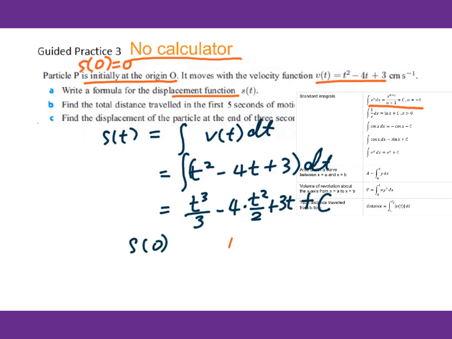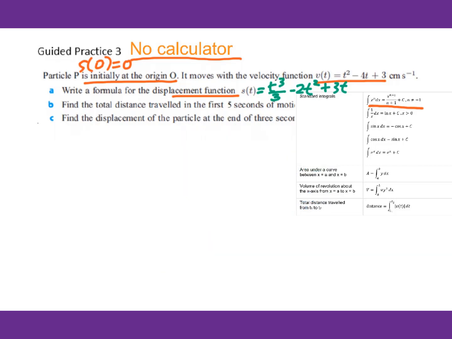We plug in s of 0 equals 0 so that you can get c equals 0. In other words, s of t equals t to the third power over 3 minus 2t squared plus 3t.